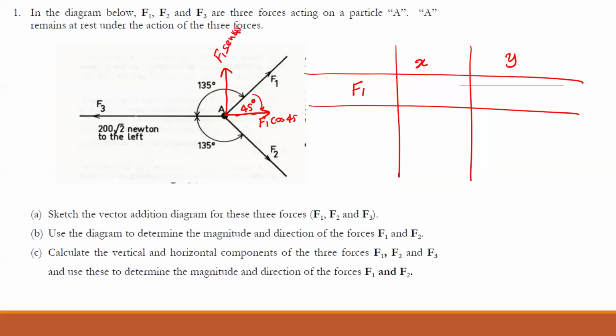In this question, sine 45 and cos 45 are both the same, but if it is different, you need to remember to put the correct one, sine or cos. And this is F1 sine 45. Both are positive because they point upward and towards the right.